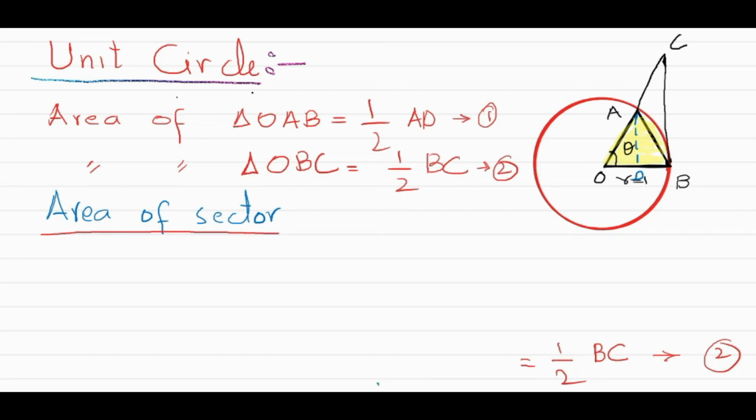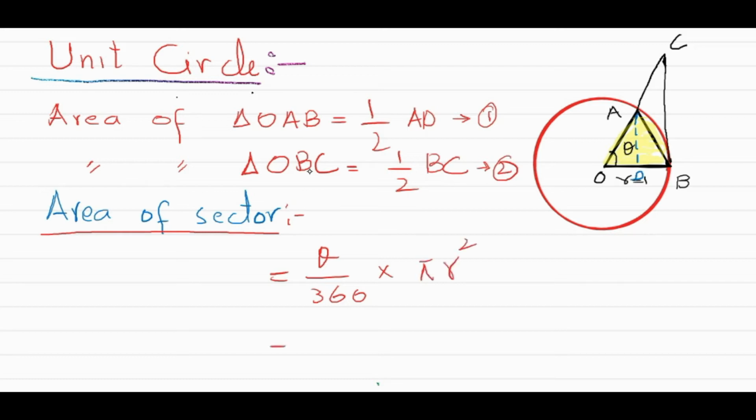Now for the area of sector OAB, the area of a sector of a circle, we know that the ratio of the angles of the circle is in proportion with the area of the circle. So I can write theta by 360 times pi r square. Pi r square is the area of the complete circle. Here the radius is 1.